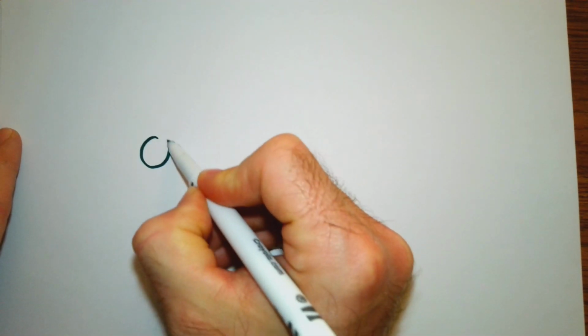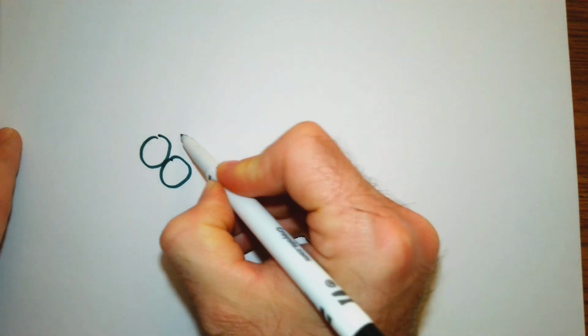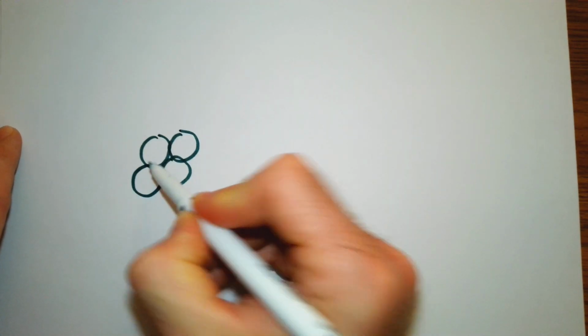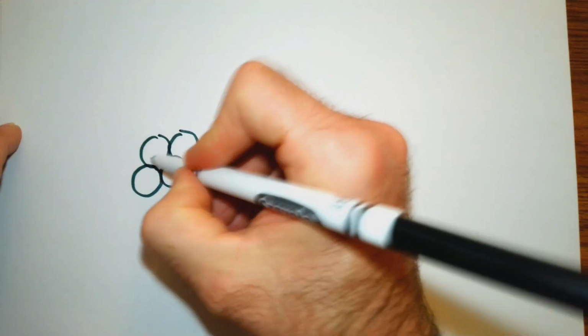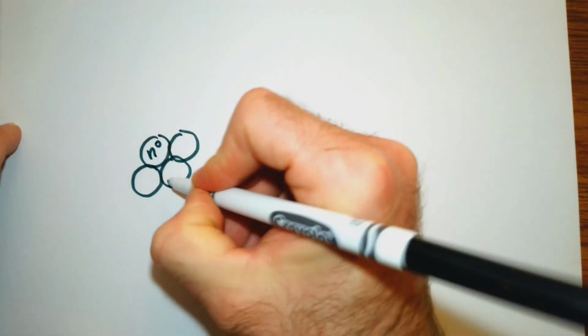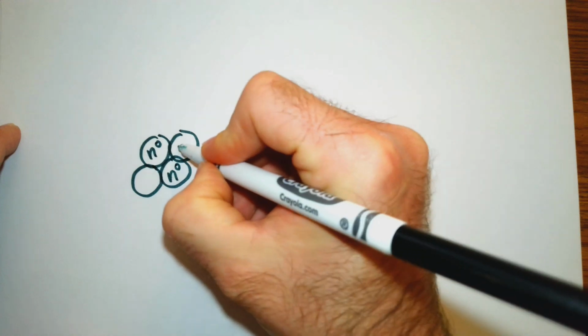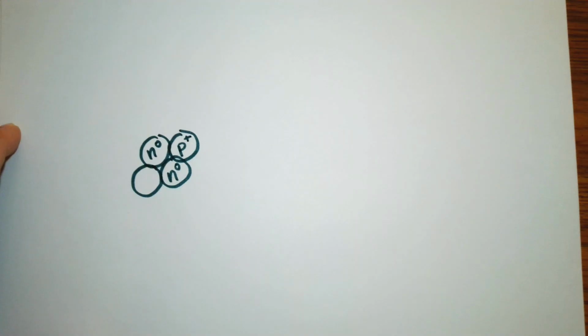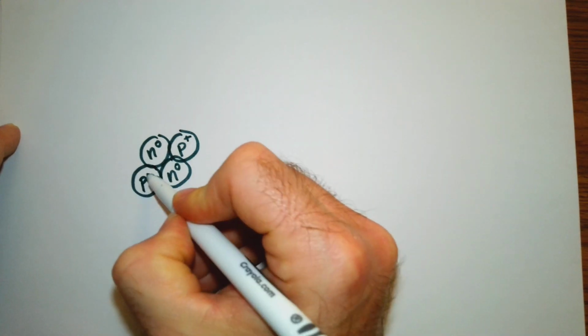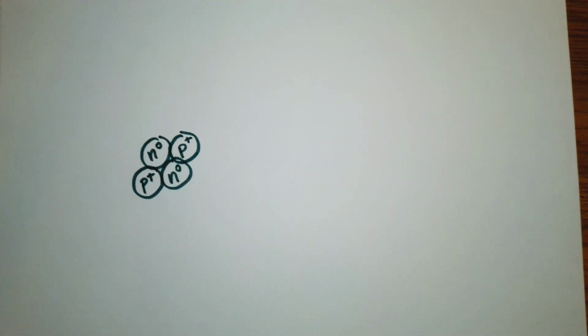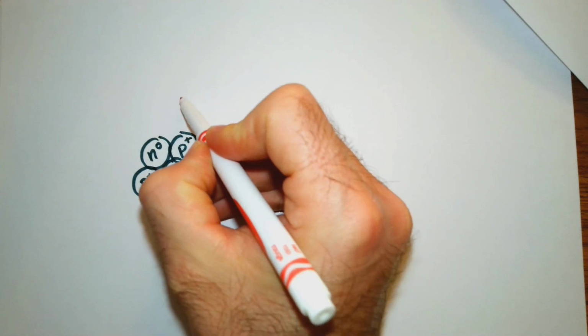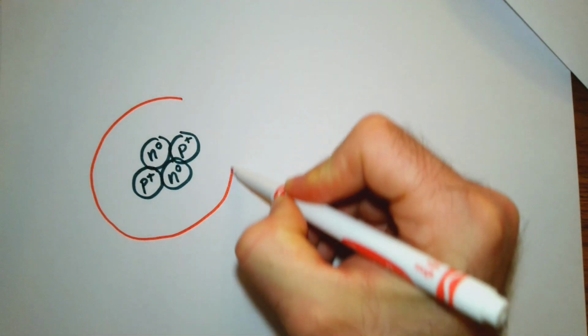Okay, so inside of what we call the nucleus of the atom, that's like the center of the atom, we will have our neutrons, and we will have our protons. This is referred to as the nucleus. And then in something called orbitals, helium only has one orbital.